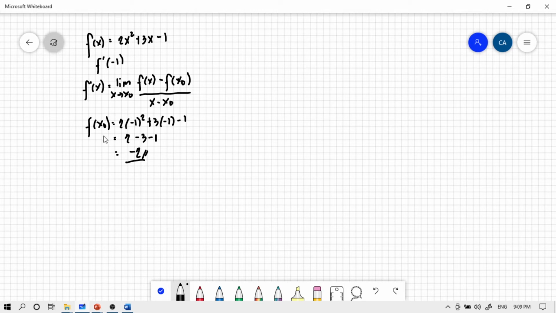Since alam na natin ang ating f of x₀, pwede na natin siyang substitute sa ating equation. So we have f prime of x equals the limit of f of x minus f of x₀ divided by x minus x₀ as x approaches x₀.